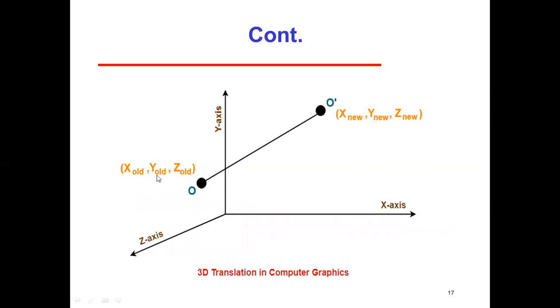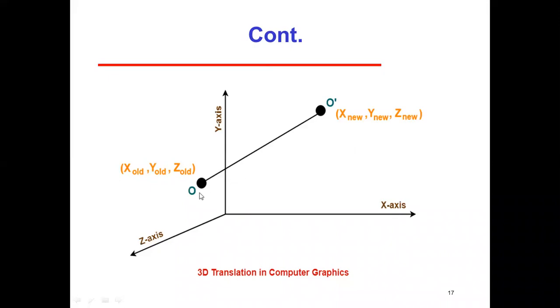So these are the initial points, x old, y old, z old. You can also use simply x, y, z, and you can also write x dash, y dash, z dash as new. So you can either choose this nomenclature or x, y, z and x dash, y dash, z dash. It is up to you. You can use any nomenclature.